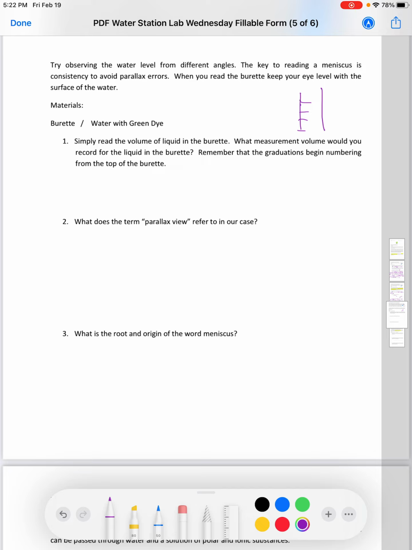But the water level, if you look at it, forms a crescent shape inside there, so that what we read is from the bottom of the crescent when we're looking at it. If I'm looking at it, I try to get it at eye level. Okay, so when I looked at it, it was at 31 milliliters.